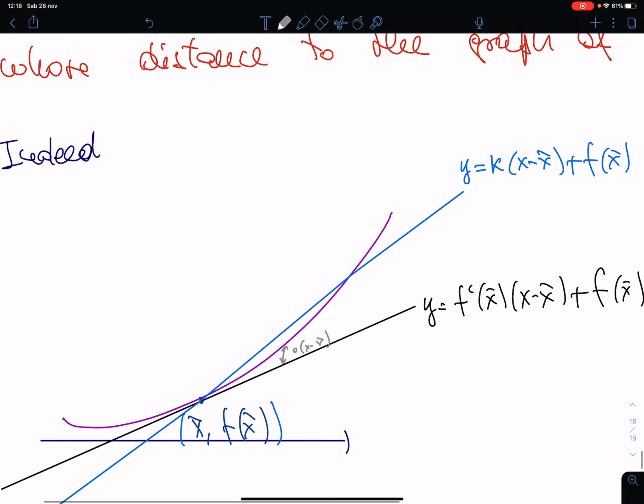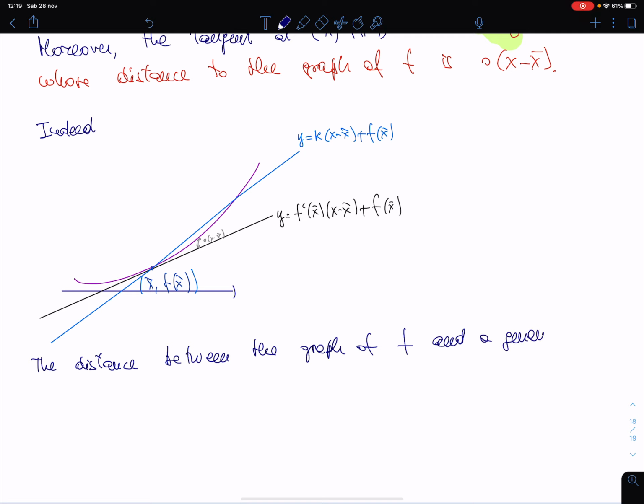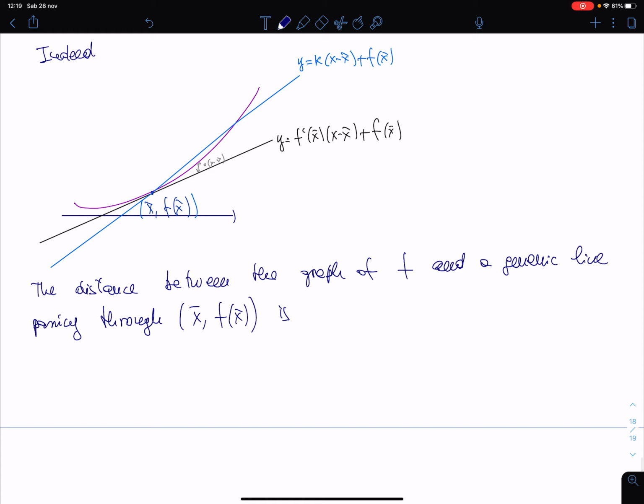So now the distance between the graph of f and a generic line passing through x bar, f of x bar, let me compute it, as f of x minus y.